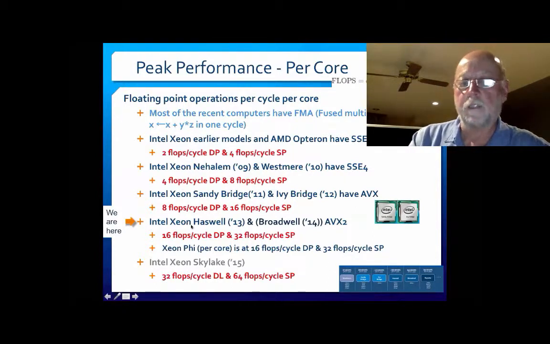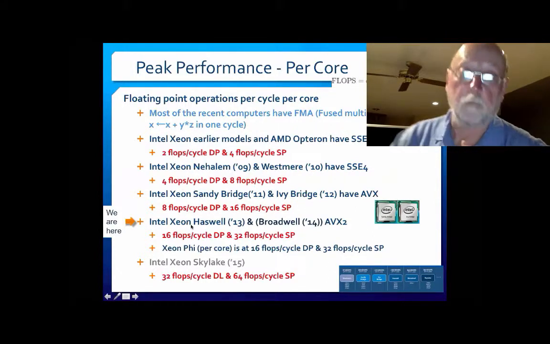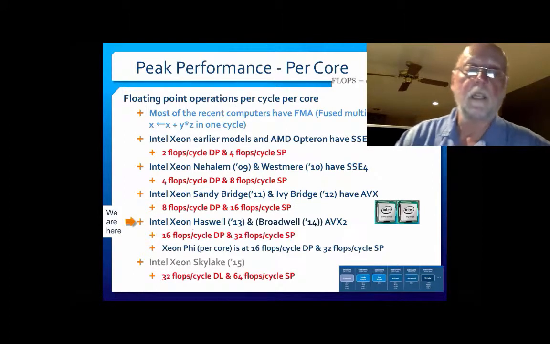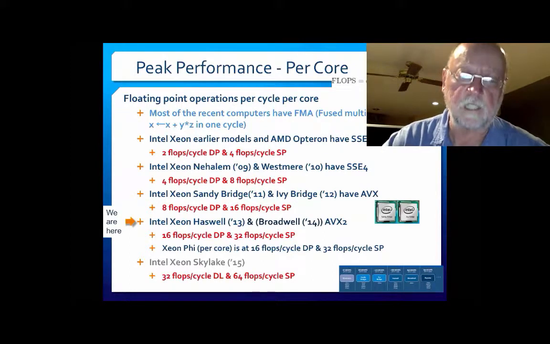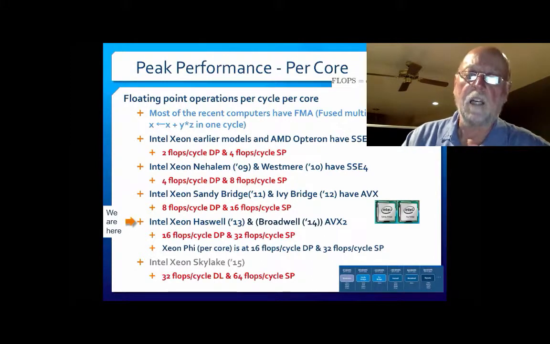Haswell and Broadwell, the processors that we have today, the processor that's in my laptop, gives me 16 floating point operations per cycle. So an incredible floating point rate for these chips. And that's the same for the coprocessor, this Intel Xeon Phi coprocessor. Each core there also gives me 16 floating point operations per cycle.